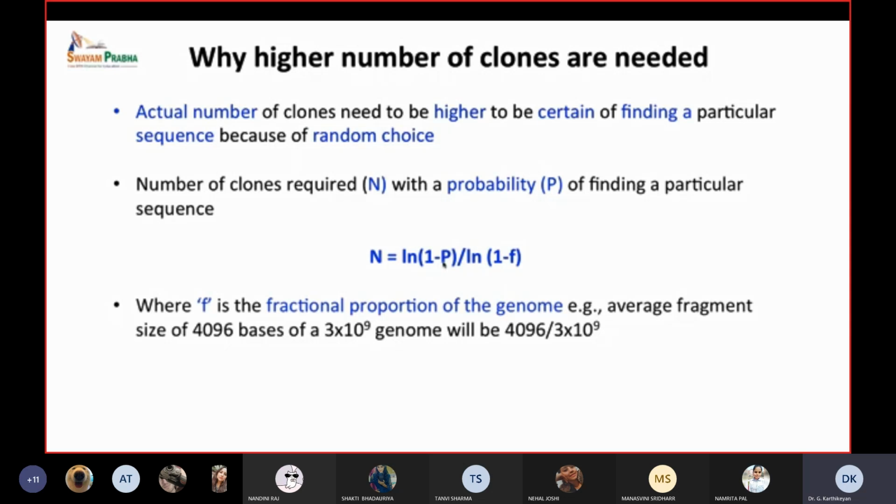If you want to be 99% sure, P becomes 0.99. So N is equal to natural log of 1 minus P divided by natural log of 1 minus f.